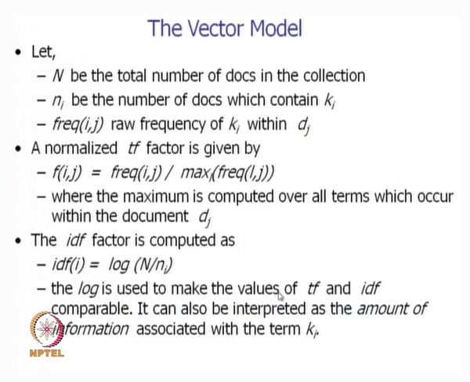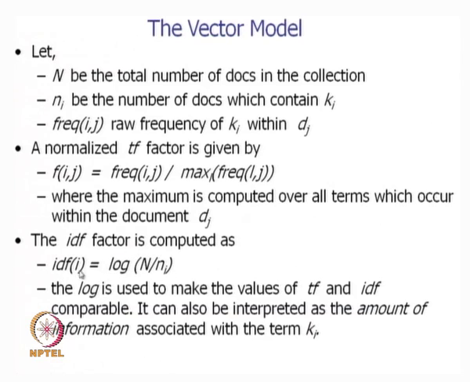Log is used to make the values of TF and IDF comparable. It also can be interpreted as the amount of information associated with the term ki. Small ni by capital N would be something like a probability. So, this term is like negative log of probability, which is something like the entropy, and entropy is related to the information content of the document. So, this is IDF i.